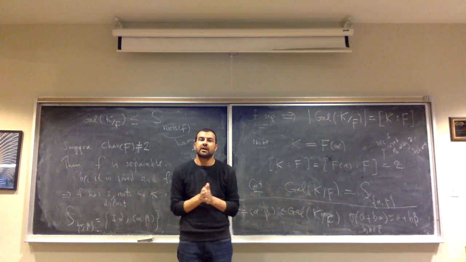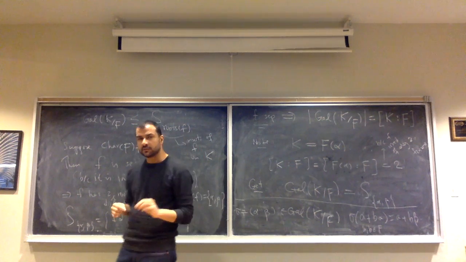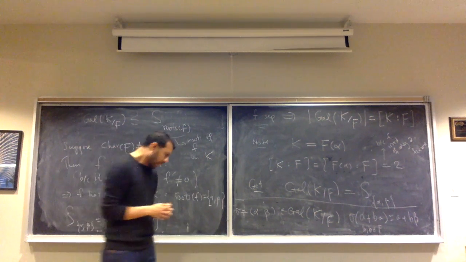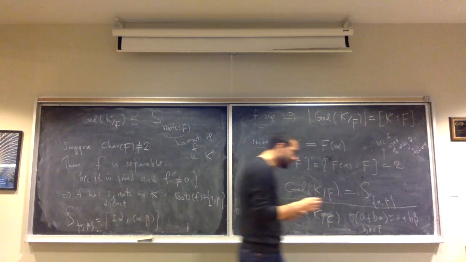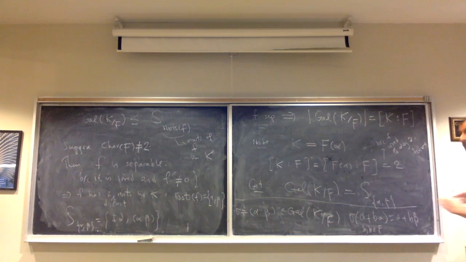Okay, let's summarize what we did. Suppose F is a field which doesn't have characteristic 2. Take a polynomial of degree 2 with coefficients in F which is irreducible.